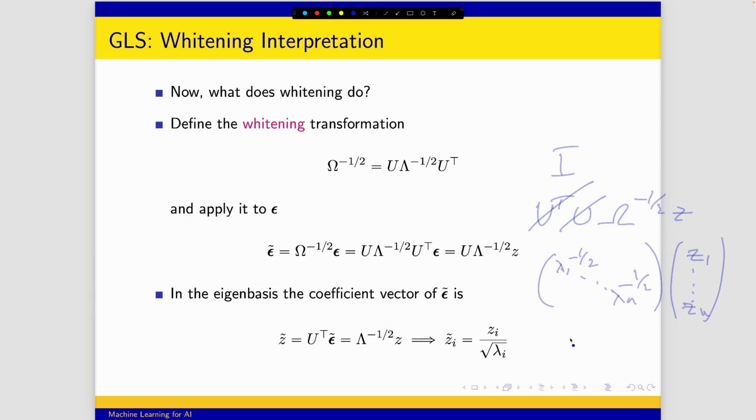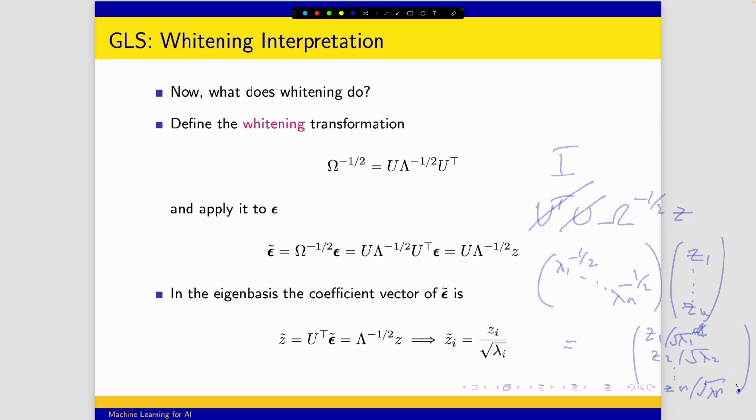And this is nothing more than the vector z1 over the square root of lambda 1, z2 over the square root of lambda 2, down to zn over the square root of lambda n.